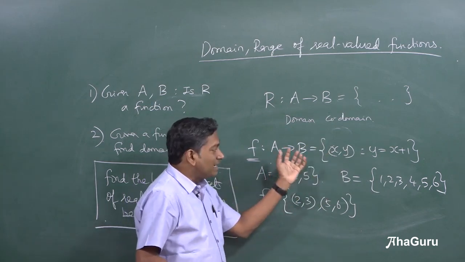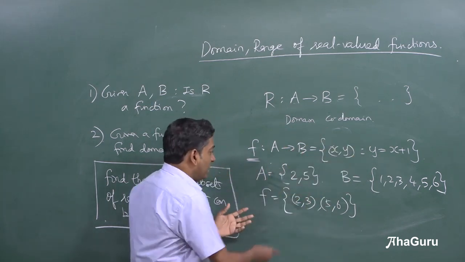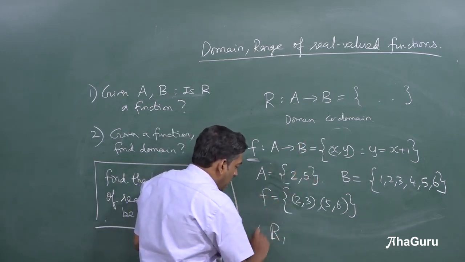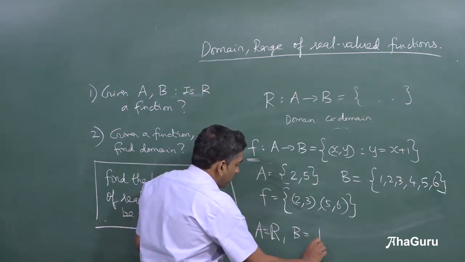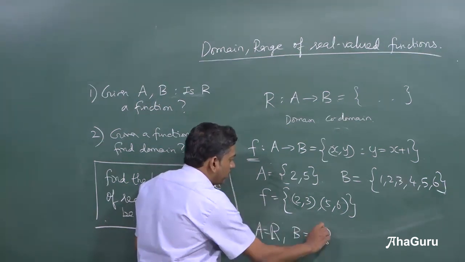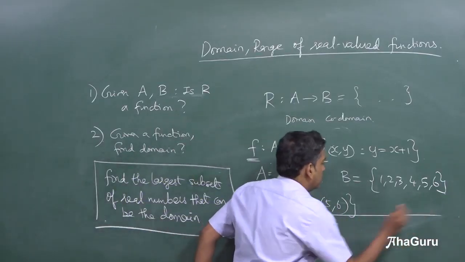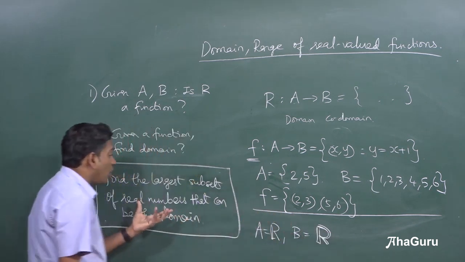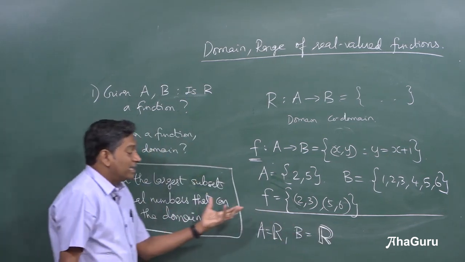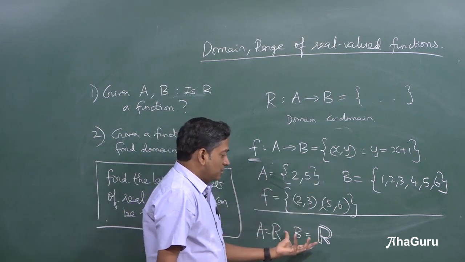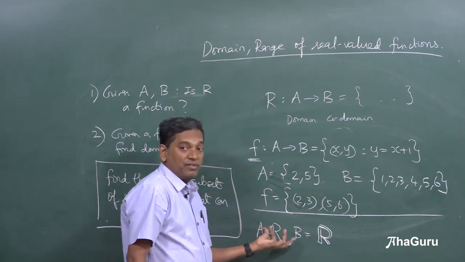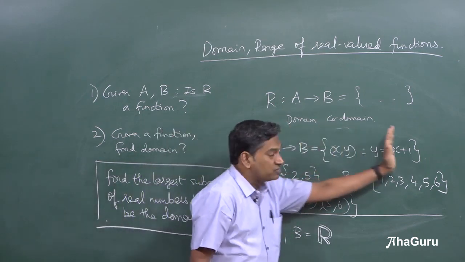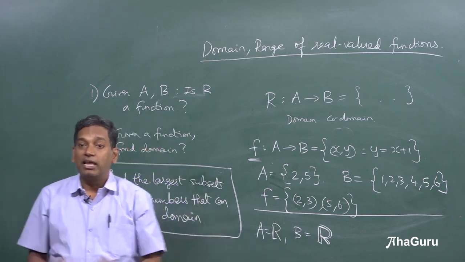So this is a real valued function whose domain and codomain could be R comma R. This is also possible, and this is what they are asking you. Given that this is the largest subset, we are expected to say that the domain of this function is the set of all real numbers.